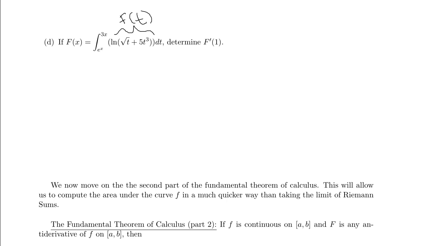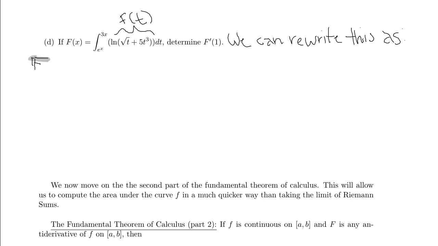So remember that we're allowed to break up an antiderivative with numbers in between the two bounds. So with some constant value that falls in between e to the x and 3x, we can break this up. So we can rewrite this as, so we want to introduce sort of a constant into this integral.